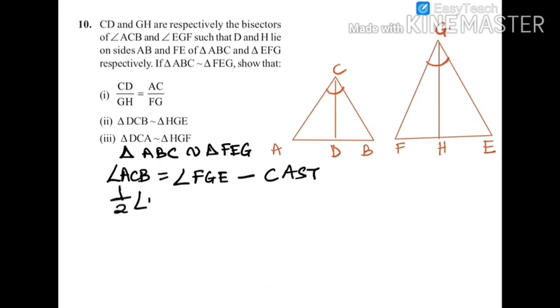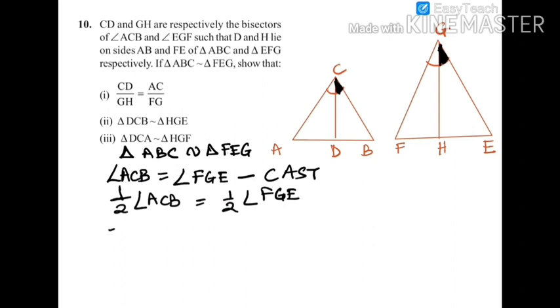So half of angle ACB will be equal to half of angle FGE, but half of angle ACB will be angle DCB, and half of angle FGE will be angle HGE.